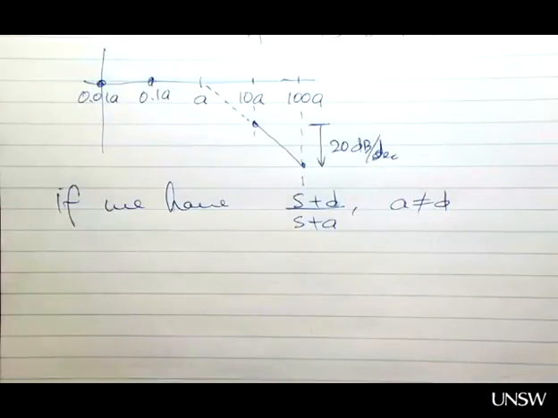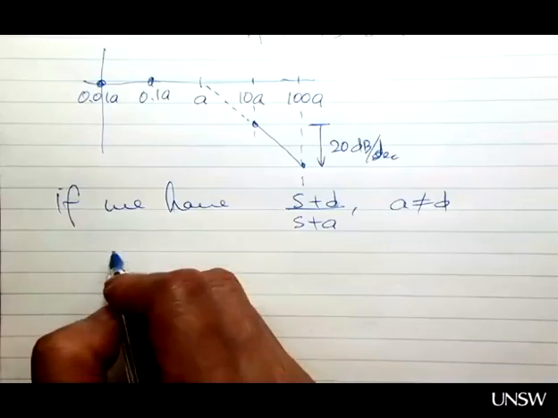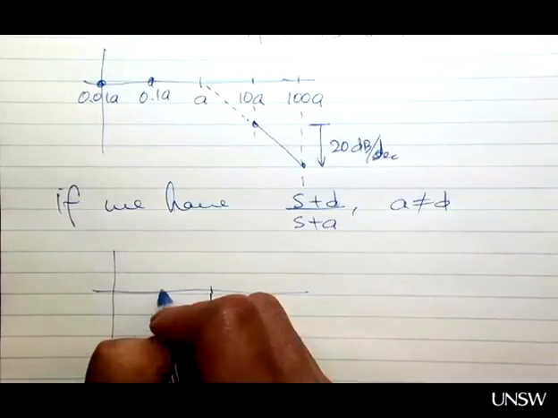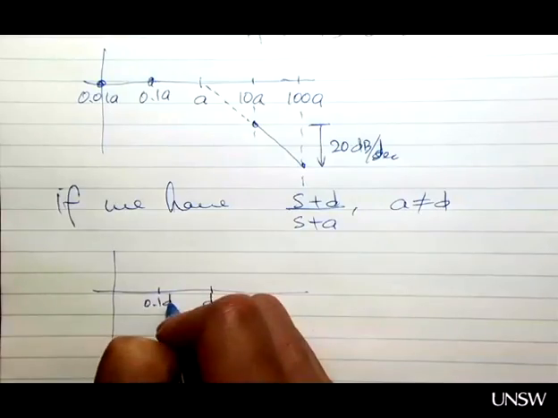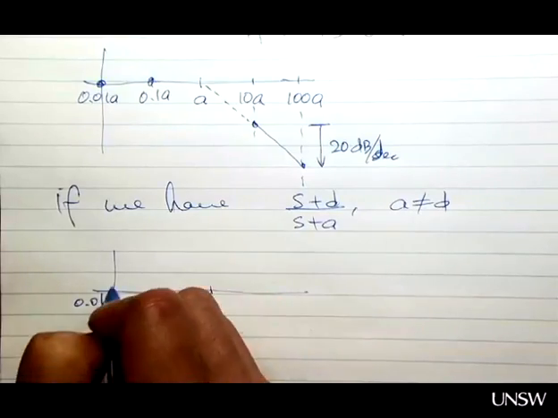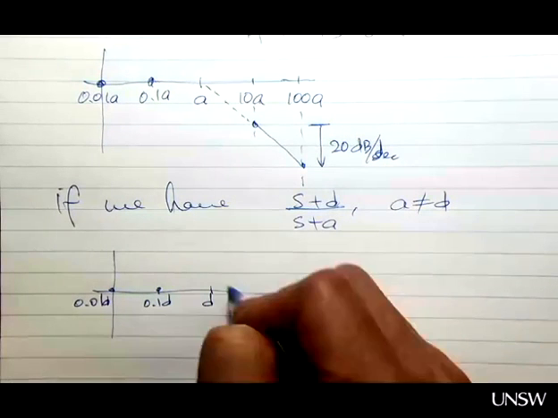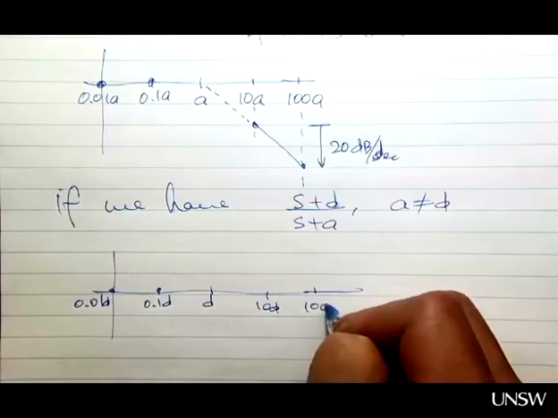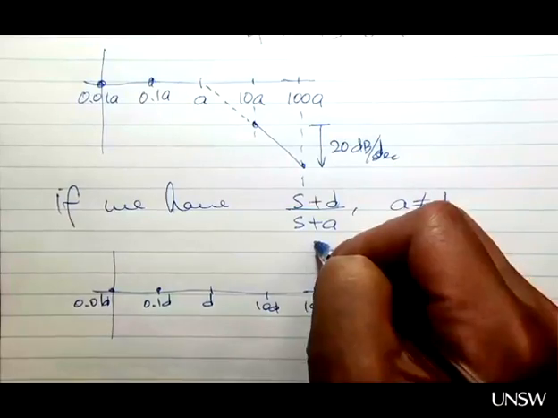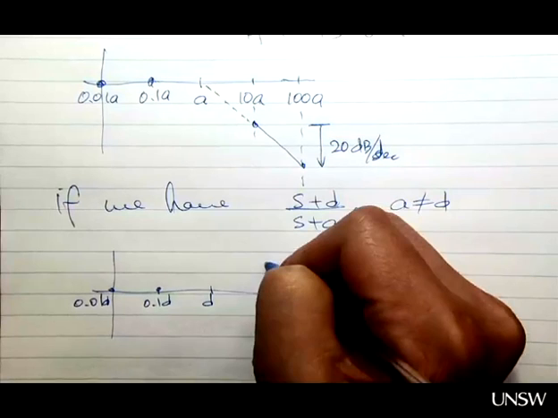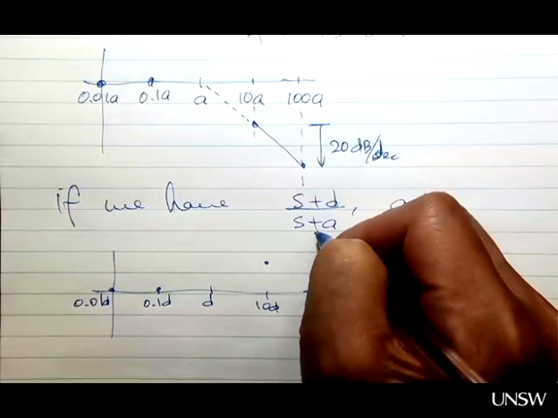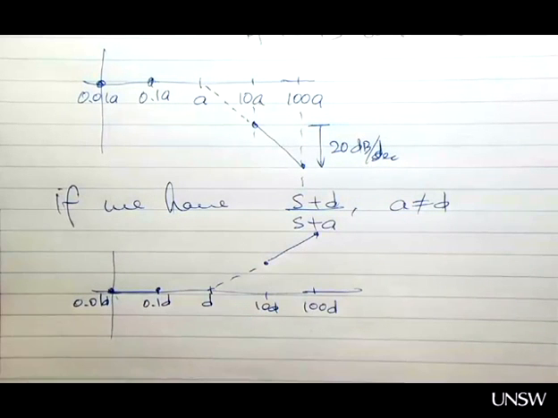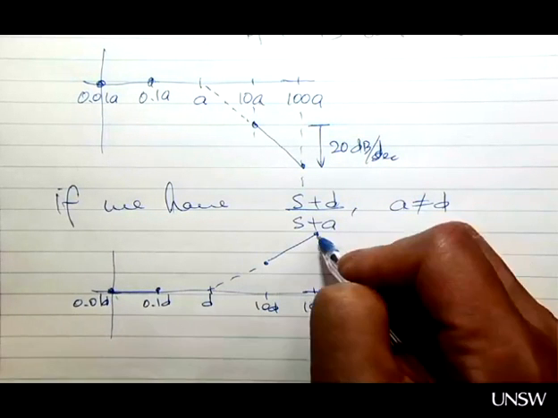We know that we have d, 0.1d, 0.01d, and then 10d, then 100d.